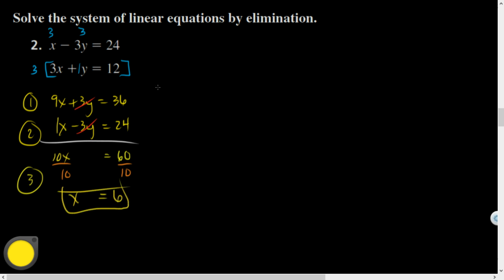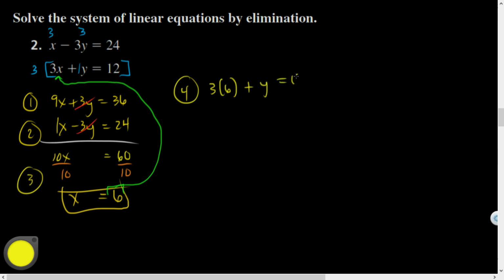All right, so the elimination method works awesome. Actually, this problem wouldn't have been a bad one to use substitution on anyway, right? Because that's a positive 1y. So let's solve for y. I'll plug this in here. So here, Devin, let's plug this in. 3 times 6 plus y equals 12. 18 plus y equals 12.